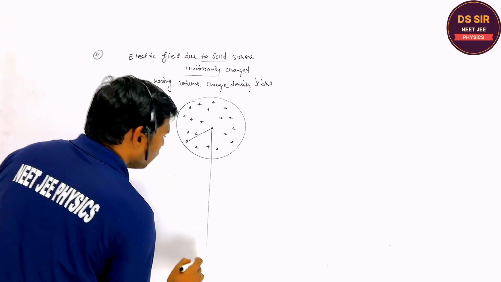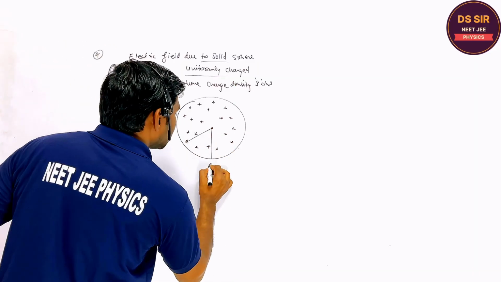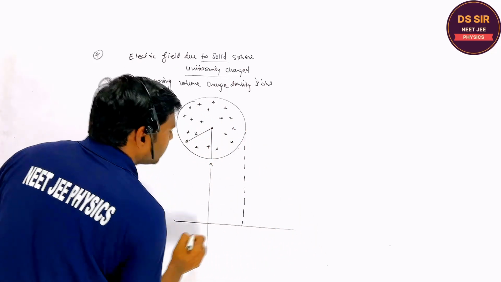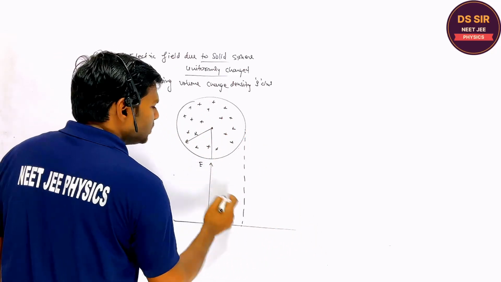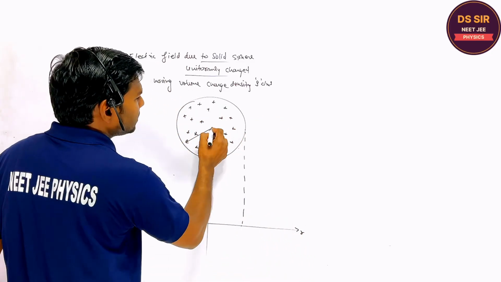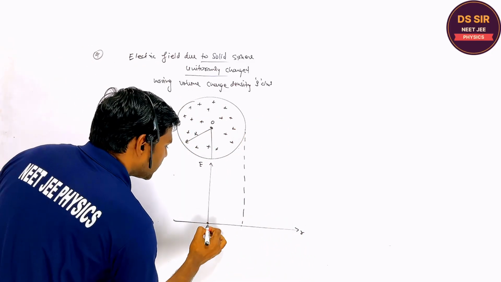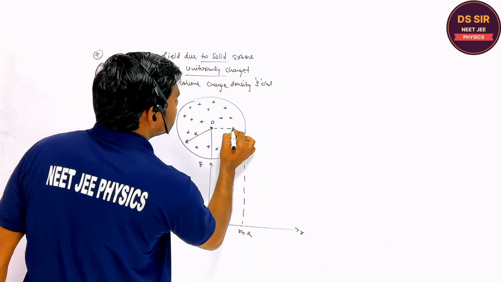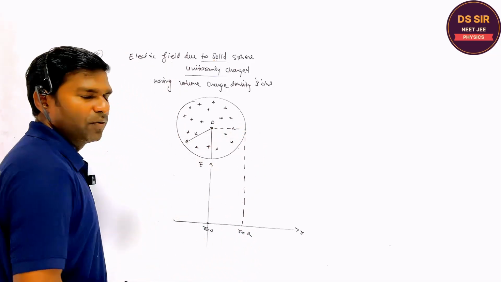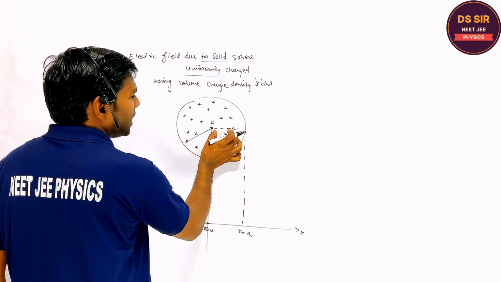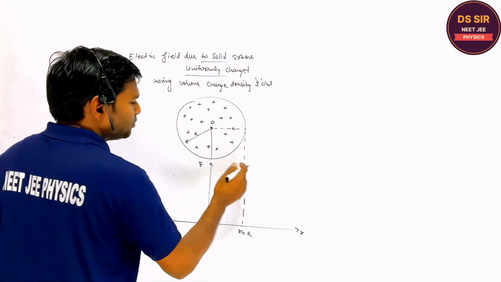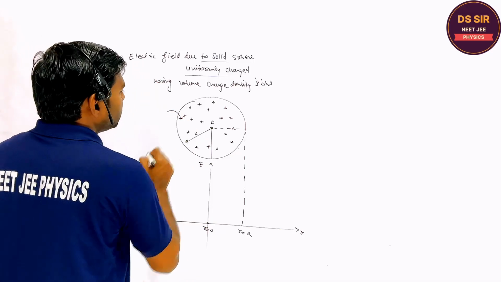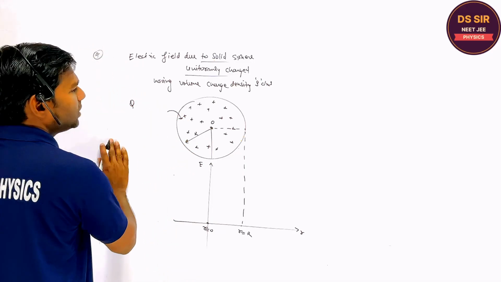Now you have to find the electric field, and also draw the graph of the electric field as a function of r, where r is the distance from the center. From r equal to 0 to r equal to capital R is the inside, and from r equal to R to infinity is the outside. We will discuss the two cases.